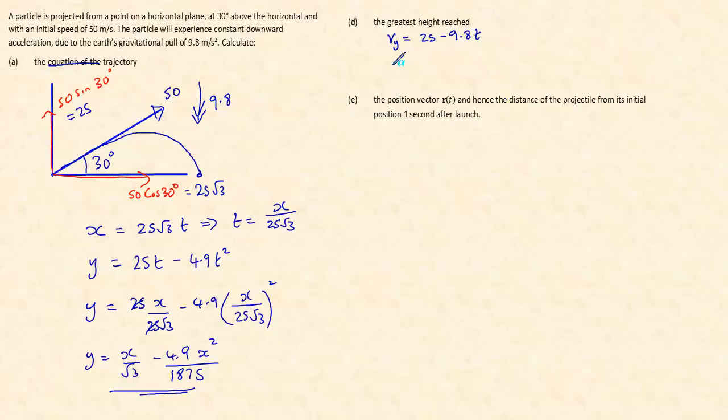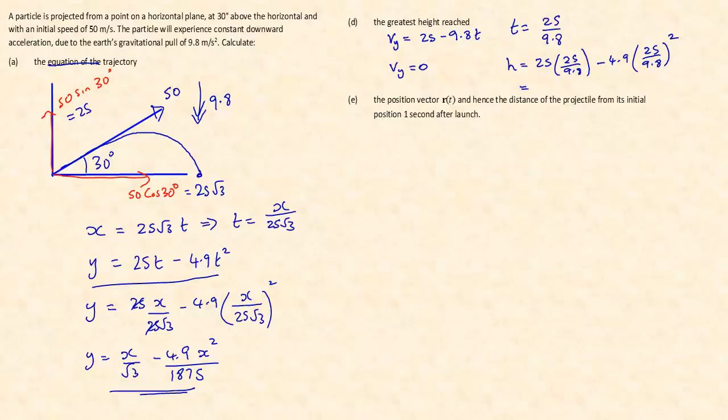So at the greatest height the vertical velocity is 0, so t is going to be 25 divided by 9.8. If we substitute that back into here, that will give us the greatest height. So that's 25 times 25 over 9.8. Take away 4.9 times 25 over 9.8 squared.